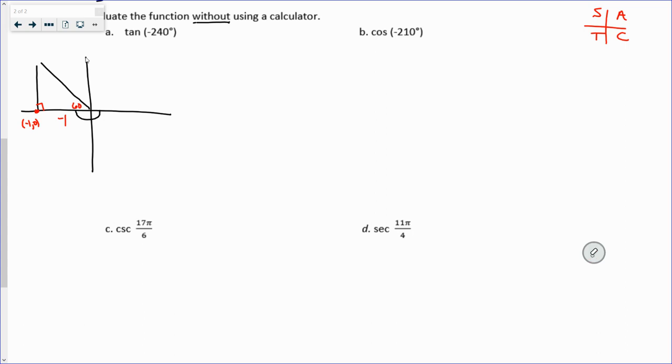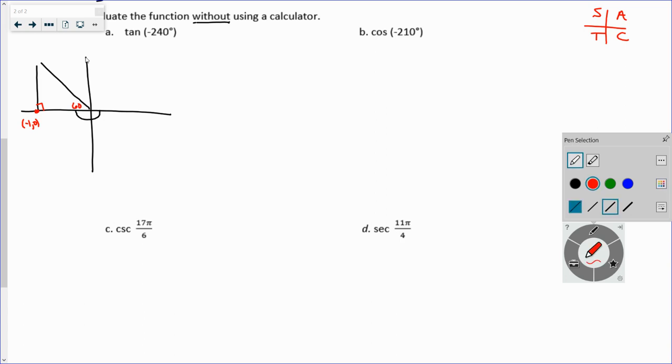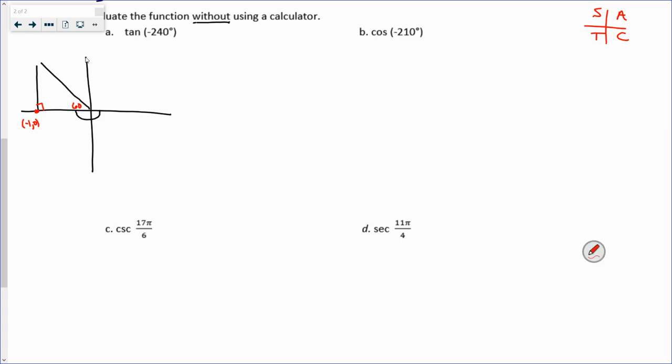Well, let's just do it this way, because we've already justified it in the last video, and you can refer back to that last video. We know that's 30. So we know that this side is 1 long overall, that this ends up being the square root of 3, and this ends up being 2.